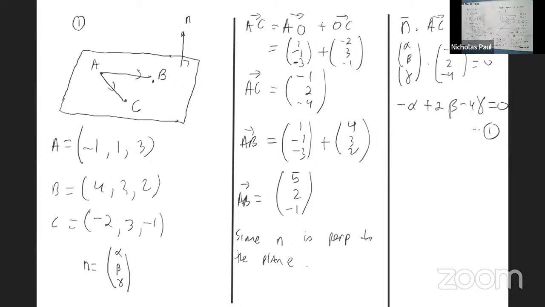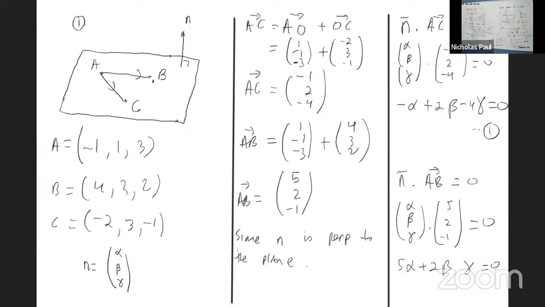Then the same thing, n multiplied by AB is also 0. So alpha, beta, gamma multiplied by AB, AB is 5, 2, -1, is also 0. So it means that 5 alpha plus 2 beta minus gamma is 0.